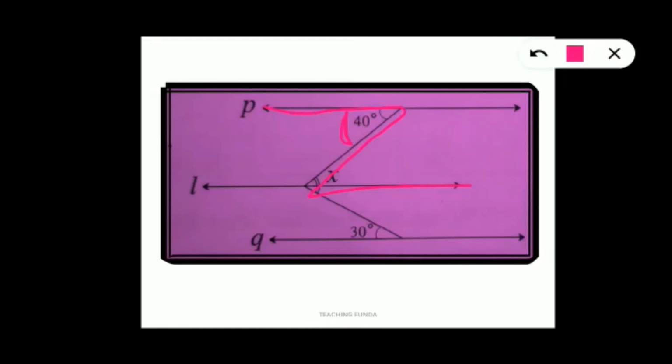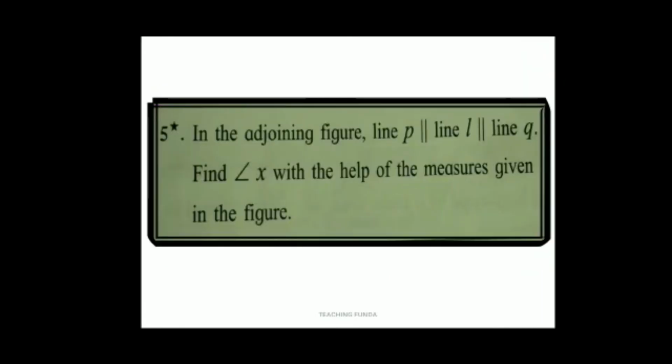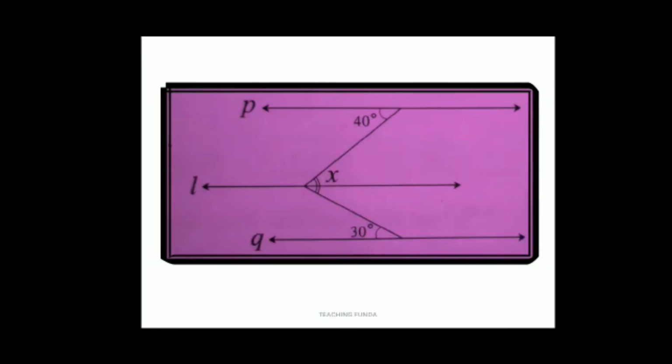Okay. Now if you see the downside, 30 degree and this angle are also alternate angles, so if this is 30 it will be 30, both angles having the same measure. Now you are getting 40 degree here and 30 degree here. See students, you have to find out X, which means this whole angle.